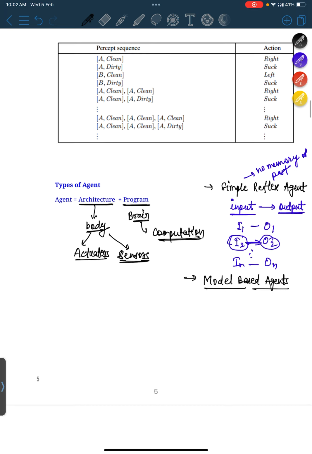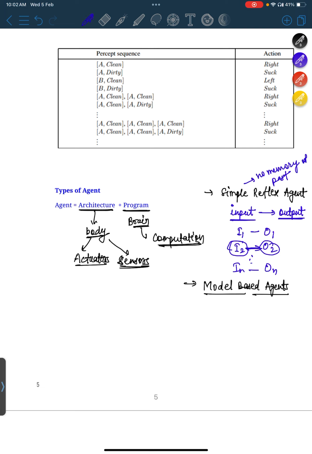What these model-based agents do is they have this model which remembers the past and keeps track of the state of the environment, कि एग्जैक्टली चल क्या रहा है एनवायरनमेंट में, पास्ट में क्या हुआ है, how does the environment look like at this moment. Then depending upon the model and the input, it takes the decision.